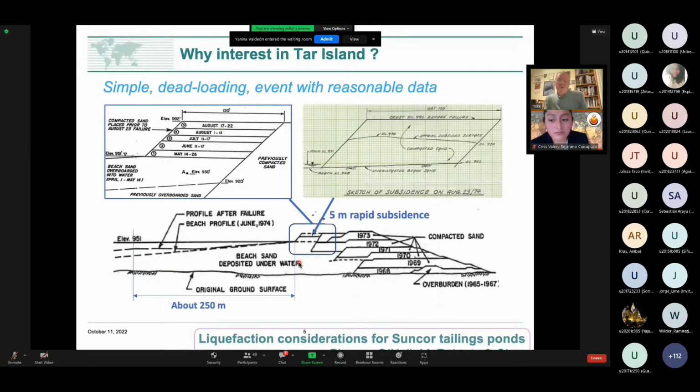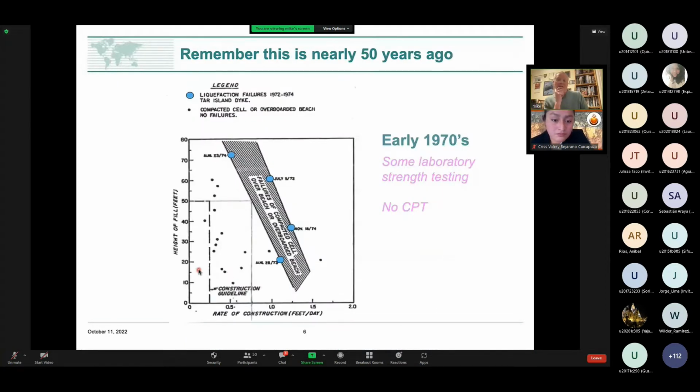This was written up in a paper by Pluis, O'Neill, McRoberts and Chan, and that paper became our reference for the documentation. One of the most surprising things about this slump was just how far it went upstream. And I'll come to that in a second.